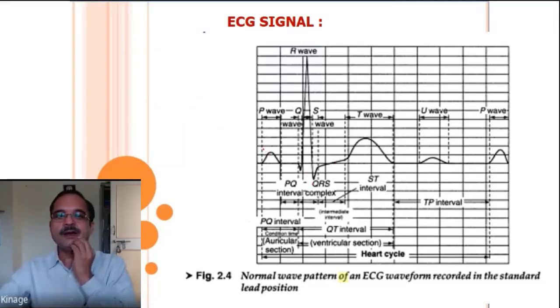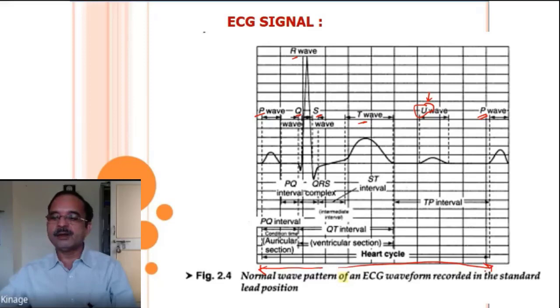Here, if you see, there is a P wave, Q, R, S, T, and there is a U also. Sometimes this U is visible. Then after that, again the P wave, that means the start of the next cycle. So from this point to this point is one complete cycle of the electrical activity of our heart, the complete heart cycle.